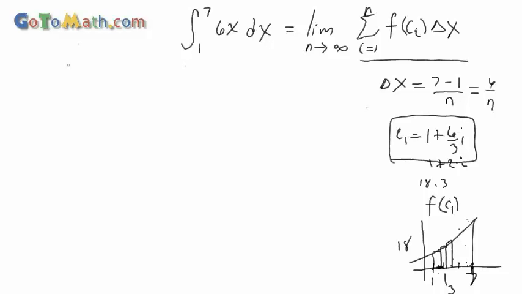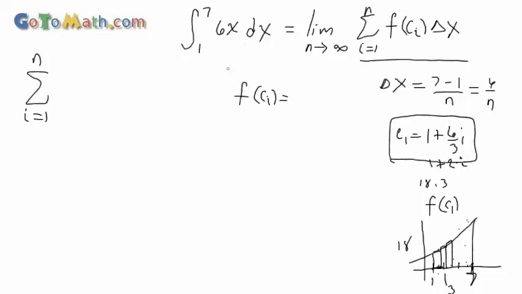But let's just come over here and write some stuff down. We're going to start with the first subinterval and then go to n. Let me write out what f of c i is equal to.